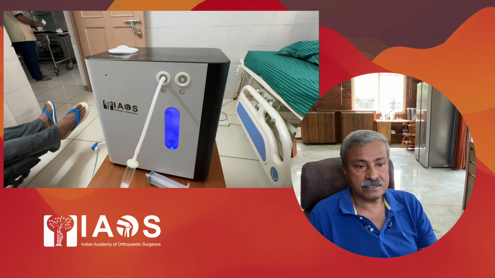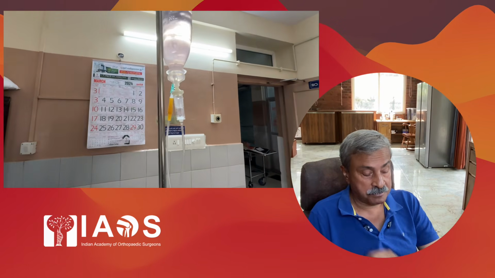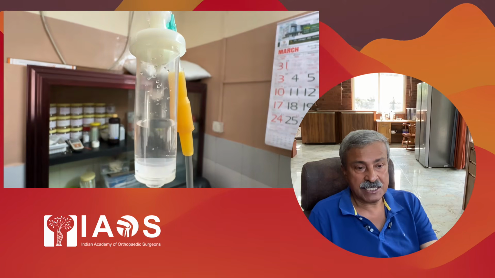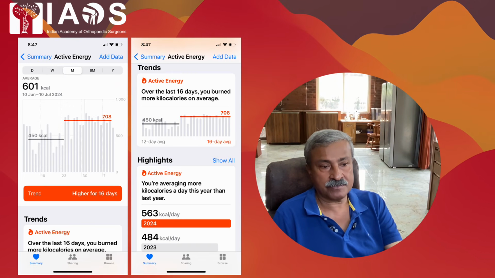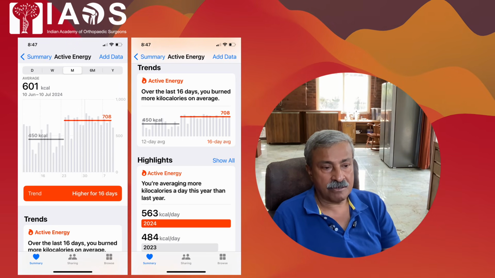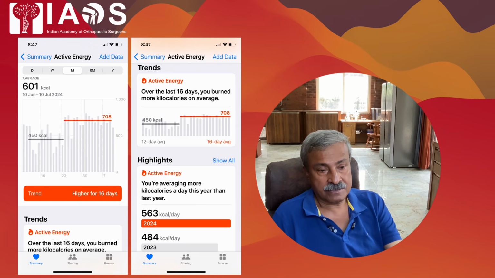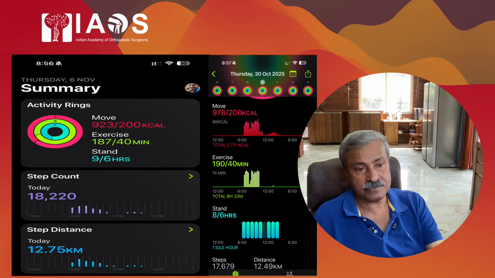I have felt a dramatic improvement in my energy levels and a speeding up of my activity levels, increase in energy reserves, all because of direct molecular hydrogen going into my body. You can see that my activity level of active calories jumped from 450 kilocalories to 708 within a period of 7 days immediately after infusion.